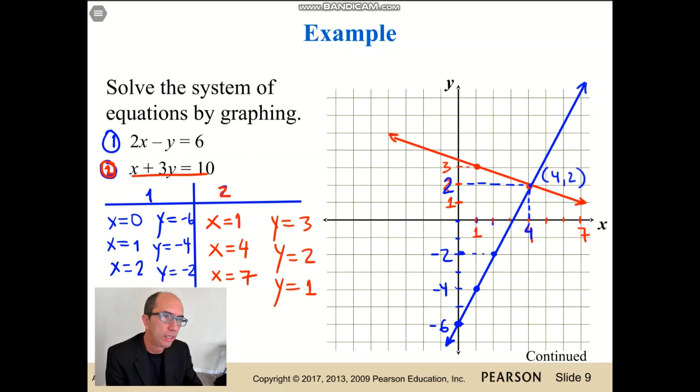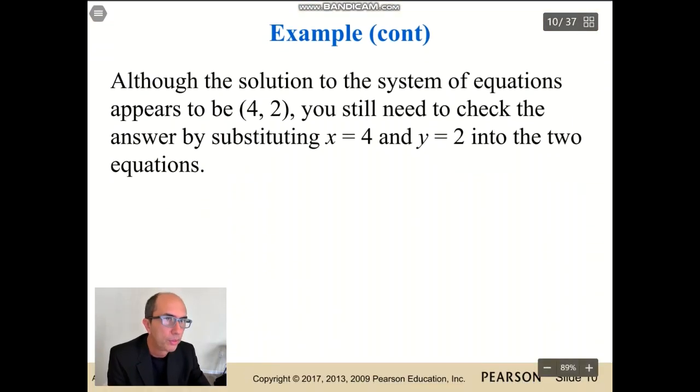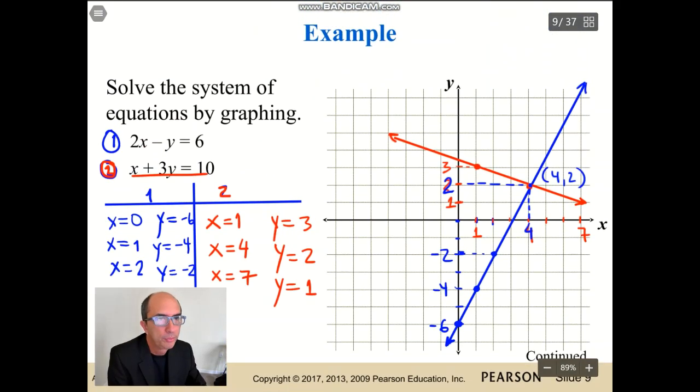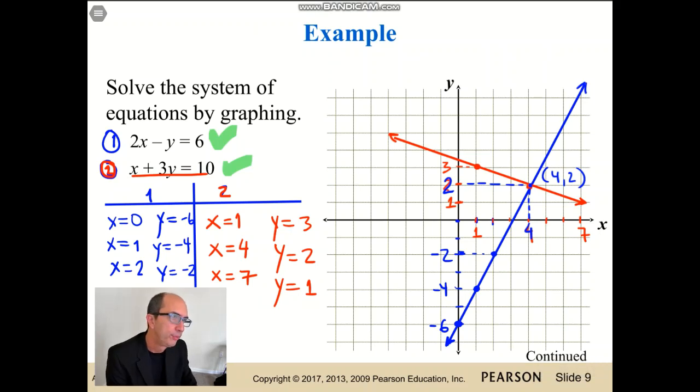So plug in 4 and 2 into the system of equations. If you substitute x equals 4 and y equals 2 into the two equations, I'm not going to show it here, but you can do it by yourself. You're going to see that you will have a true statement for both, confirming that the ordered pair 4 and 2 is a solution for this system of equations. And we found this by graphing.